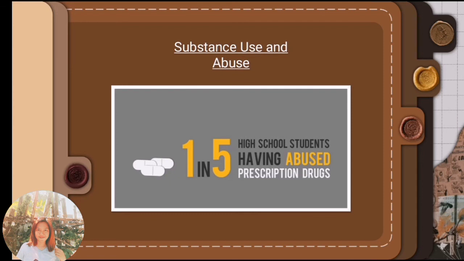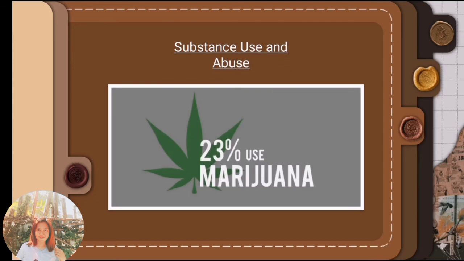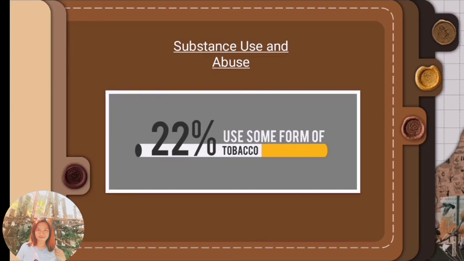Additionally, 1/3 of high school students currently use alcohol, 23% use marijuana, and 22% use all forms of tobacco combined.